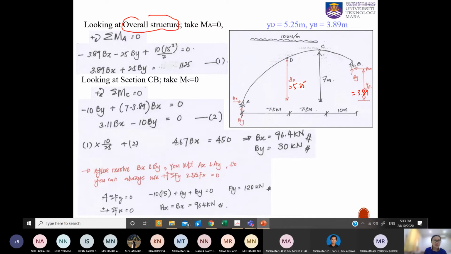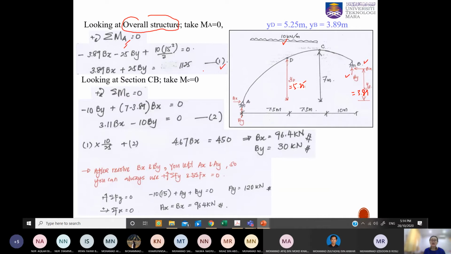Now you take summation MA equal to 0. From the overall structure, you need to consider the 10 kilonewton per meter, Bx and also By. Please study later how to put in these equations. You will get equation 1 done.